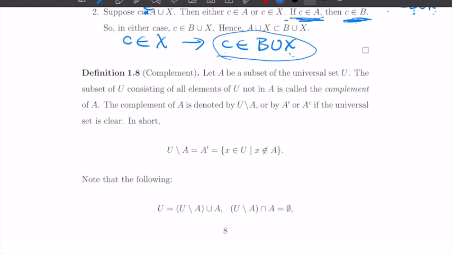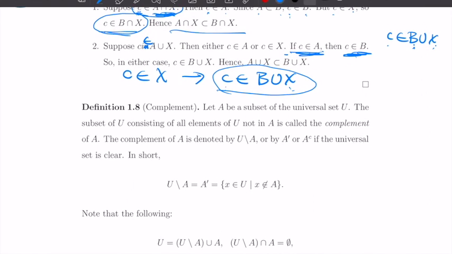Okay, next definition: complement. Let A be a subset of the universal set U. The subset of U consisting of all elements of U not in A is called the complement of A. So it's like this.